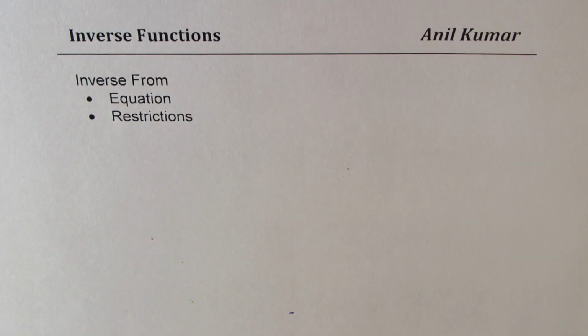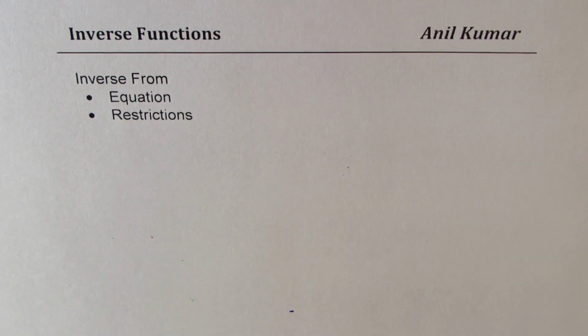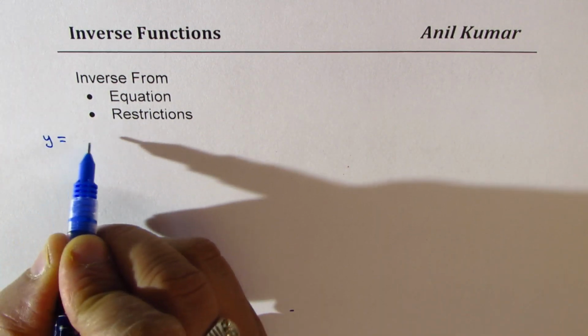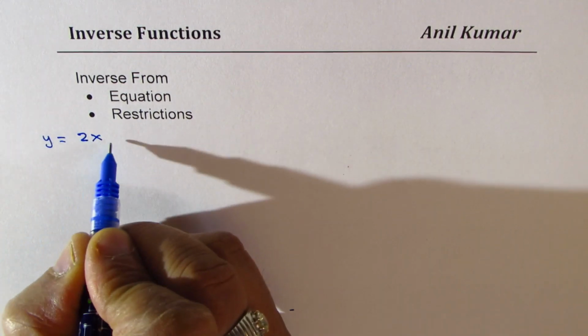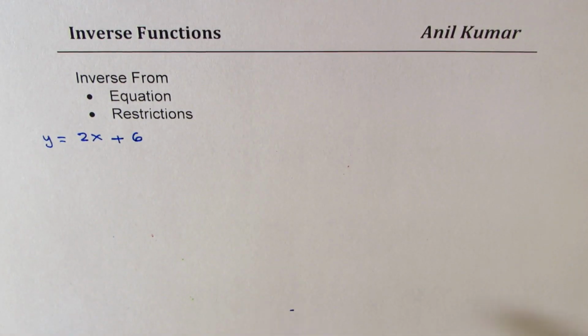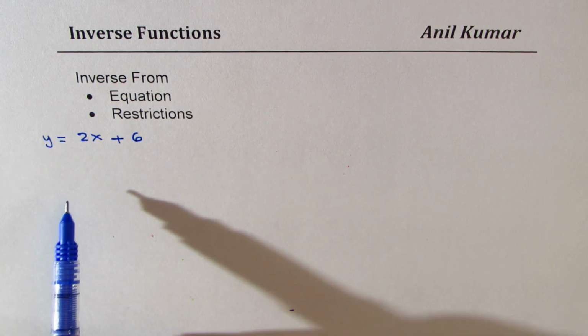Now I'll take a few examples to show you how we can find inverse algebraically. We have already found inverse by switching the points or by changing the arrow in a mapping diagram. So let's take some equation of a line. Let it be y equals 2x plus 6. Now, to find inverse, what should we do?